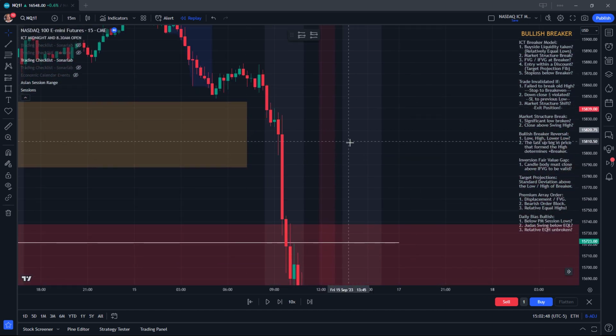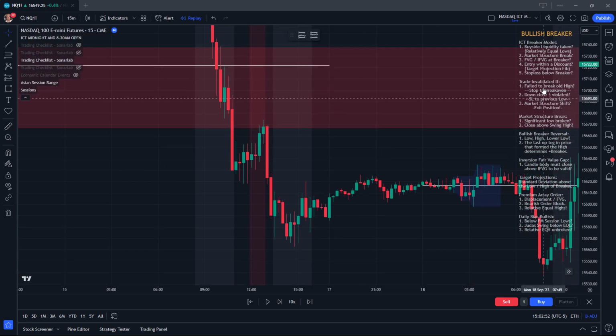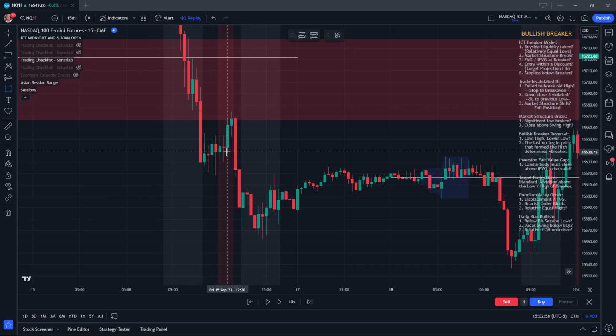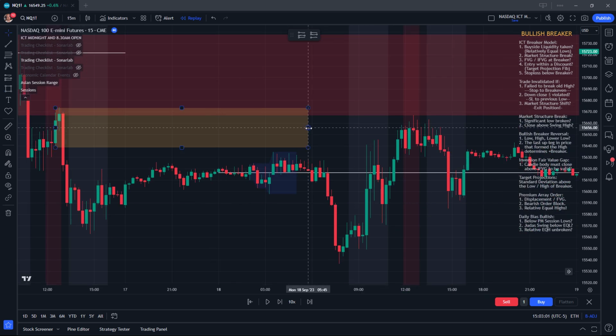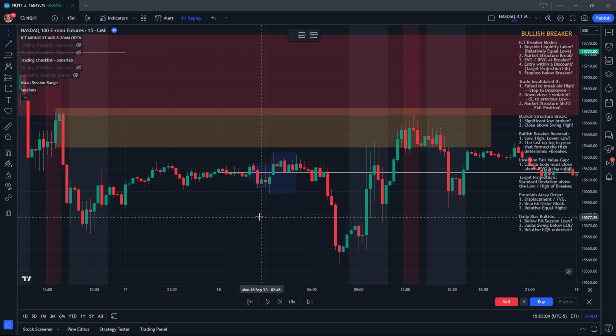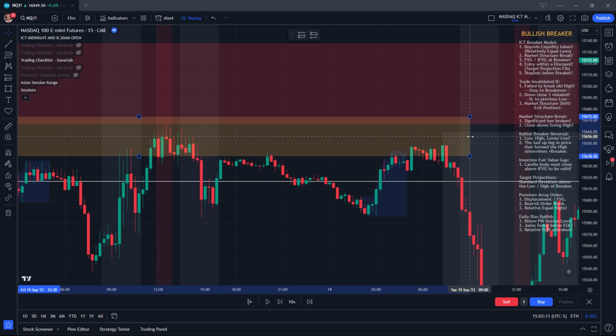I'm not seeing, if we get, say, a bullish or bearish breaker, low, high, lower low. So we've got a bullish breaker here. The idea is that if price goes through the breaker, it's likely to use it as support. If it struggles to get through the mean threshold, it looks like it's going to be resistance.